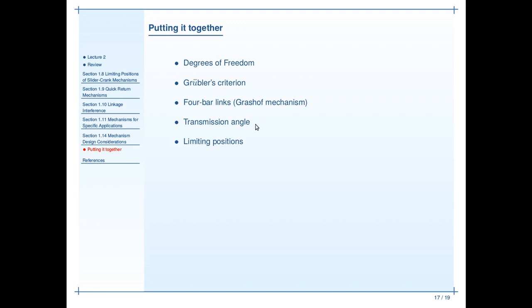Finally, we talked a little bit about limiting positions. Limiting positions tend to be very important in our mechanism design because we really would like our mechanism to do what we want it to do. All of these things are among the features that you need to consider as you design any mechanism.